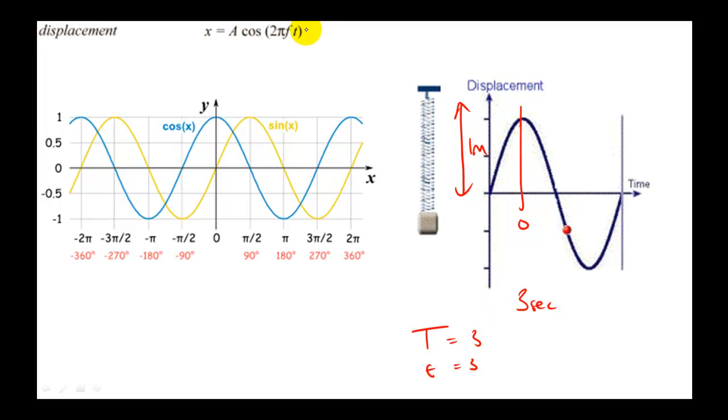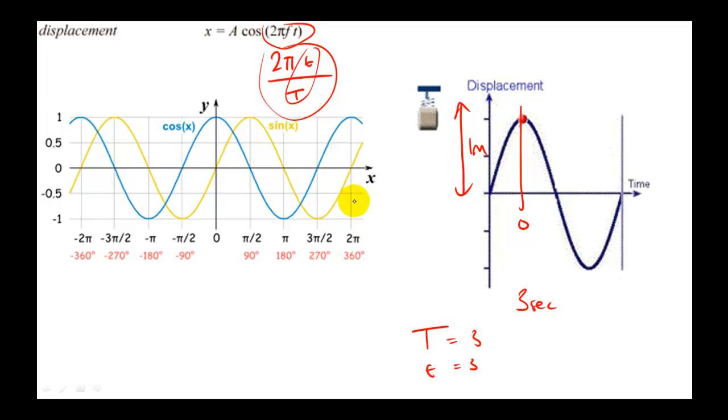So let's just again unpack this. 2 pi over big T, little t. This chunk will return for you a value of 1. So the whole thing is just going to be 2 pi. And cos 2 pi gets us back to 0, right? So at a time of 3 seconds, we're back to 0.